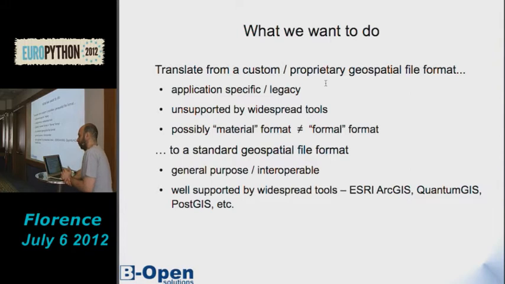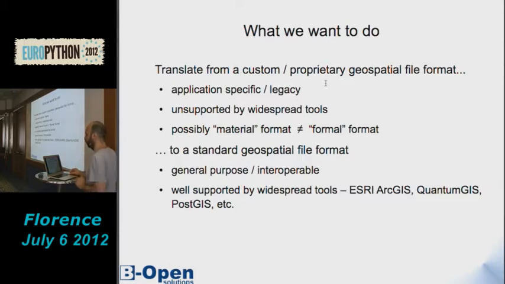Since the format is not widespread, it is possible that even if you get a specification for the format, the material format, that is what you usually get in a file, will not match exactly the formal specification. So you have a material format that is different from the formal format, and this makes translation much more difficult because you cannot just follow the specs.